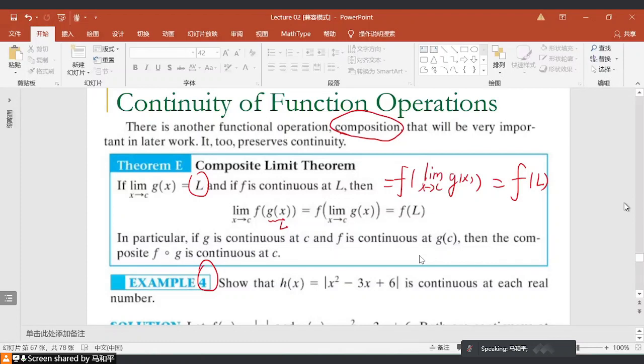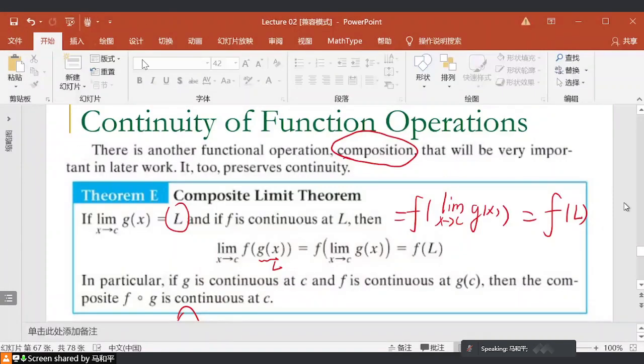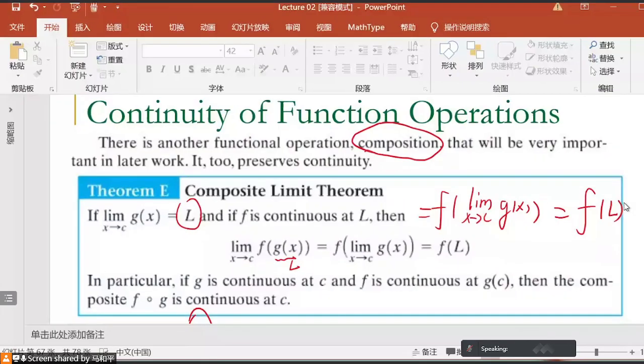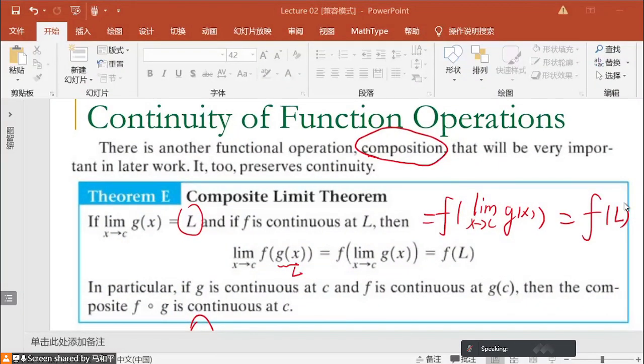Next, maybe now I will send it to you. You can print it. You can learn it before.